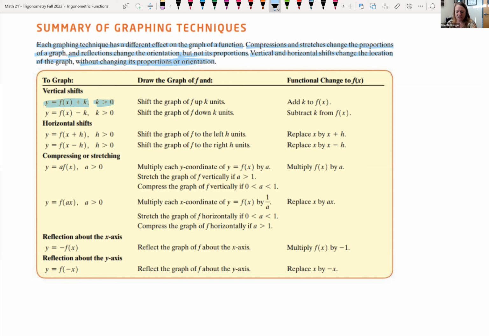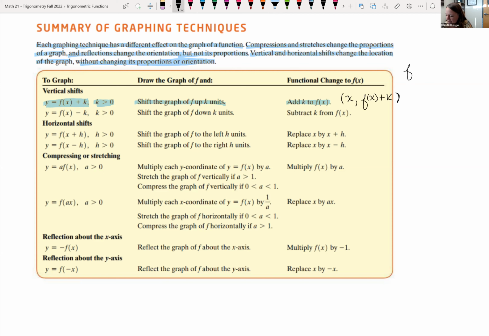So that k value is always positive. So if we add a positive number, this is going to take our graph of f up k units. So basically all you're doing is you're keeping your x value the same, but in this case, you're going to add k to your y value. That's going to give us our new point.